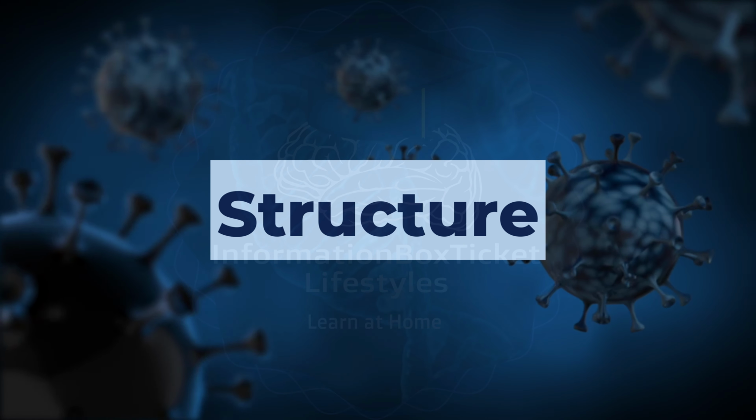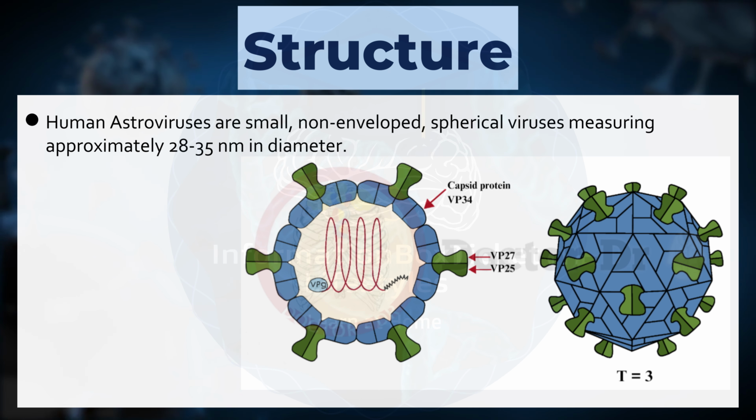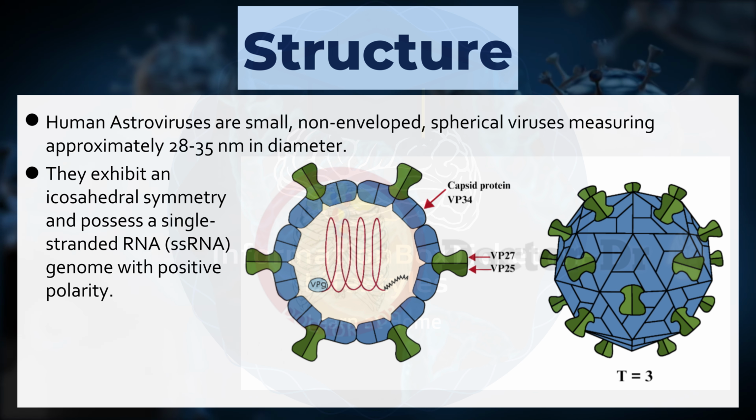Structure of human astrovirus. Human astroviruses are small, non-enveloped, spherical viruses measuring approximately 28 to 35 nanometer in diameter. They exhibit an icosahedral symmetry and possess a single-stranded RNA genome with positive polarity.